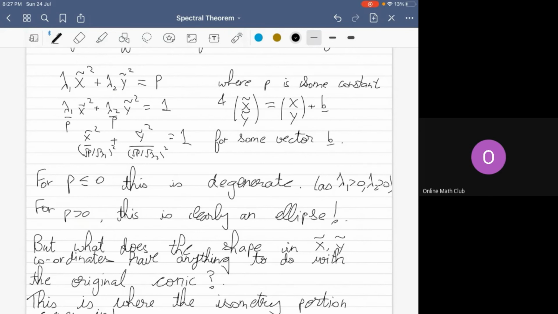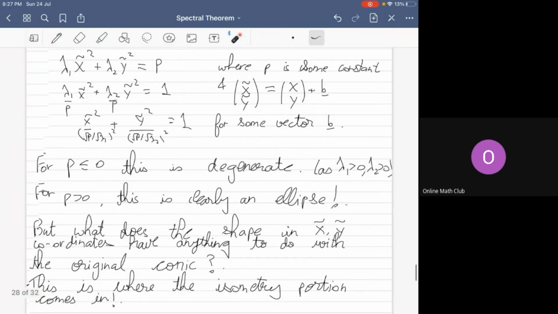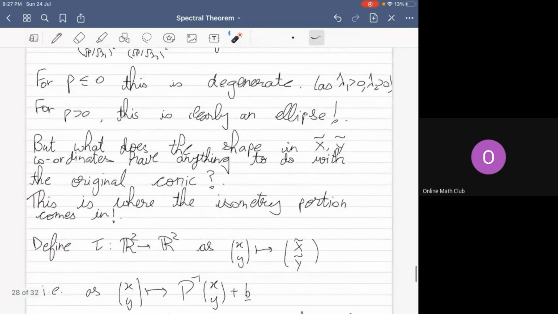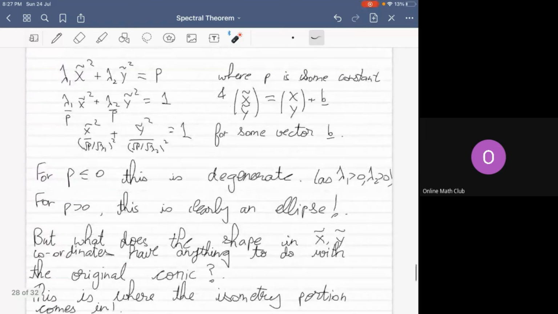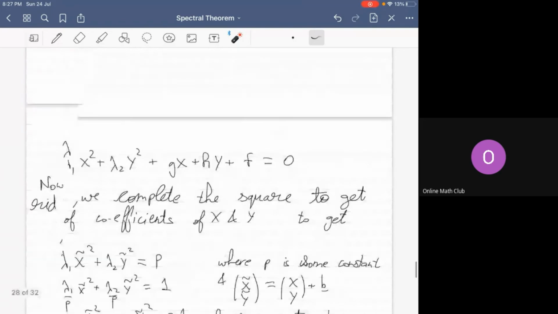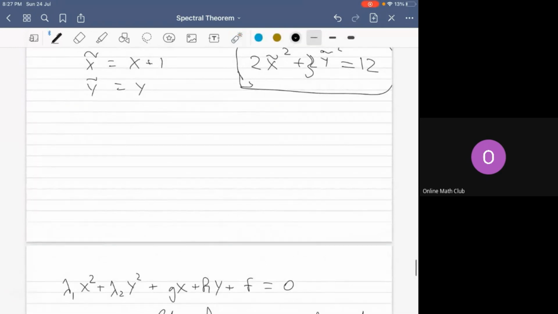And this is an ellipse. Now, there is one thing left: whatever we did during the change of bases, why doesn't it affect the congruency of the shape? And this is not trivial.